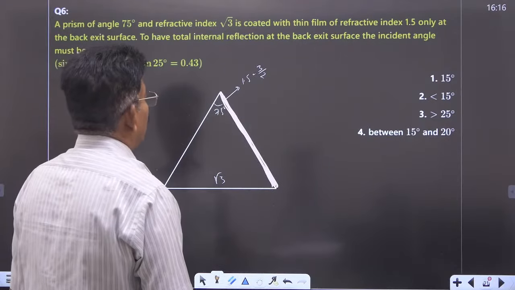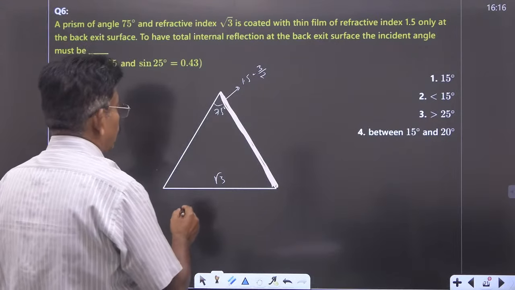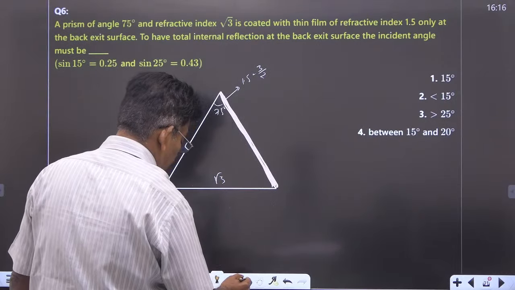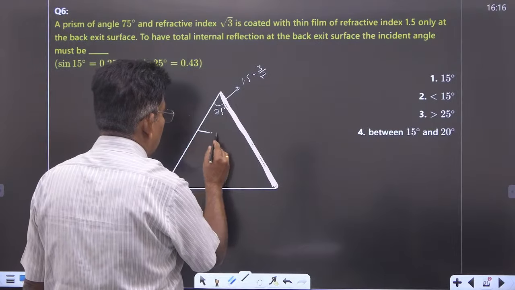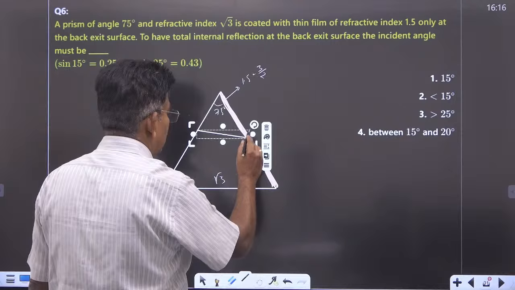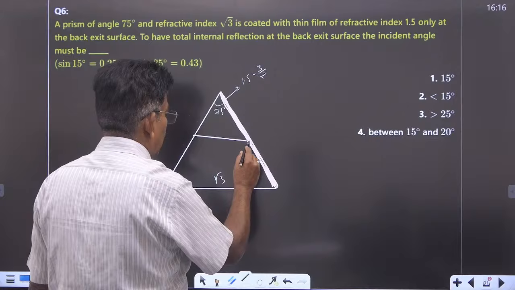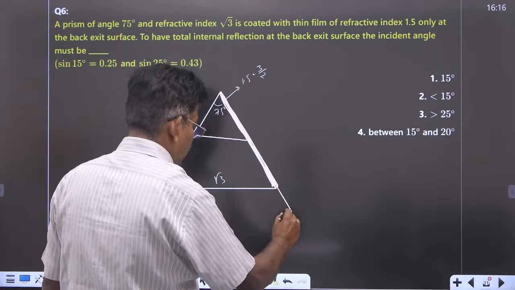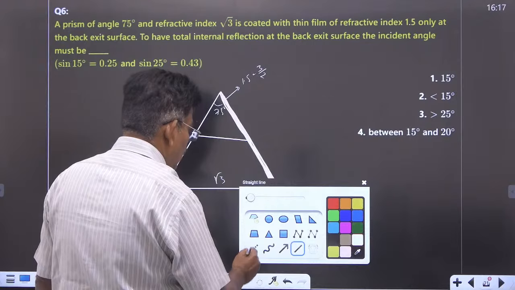Now tell me, the light ray undergoes total reflection from this surface. This is the exit surface, I am drawing the exit surface, isn't it? The light ray is just undergoing total reflection from here.